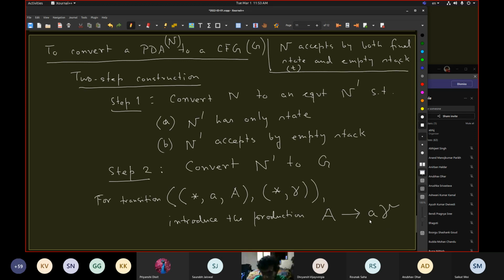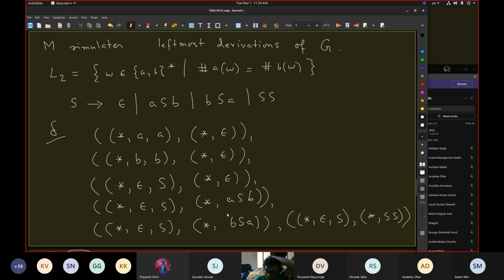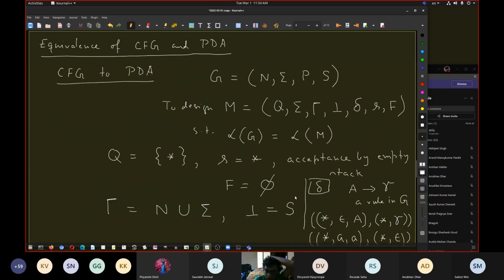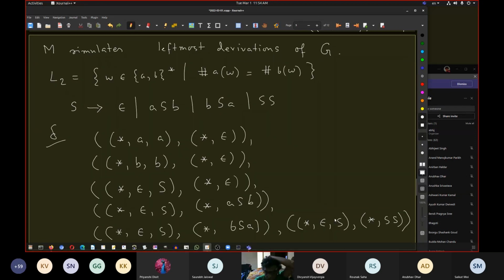A can be epsilon or a real input symbol. So this part is kind of a reversal of this process. If you understand this part, this step 2 will be easy.